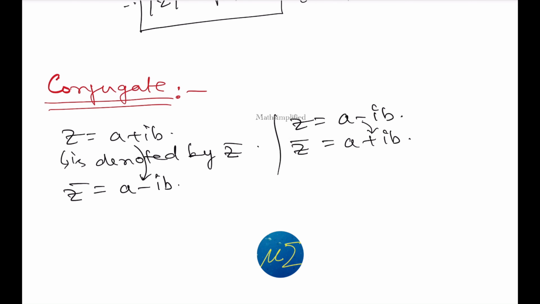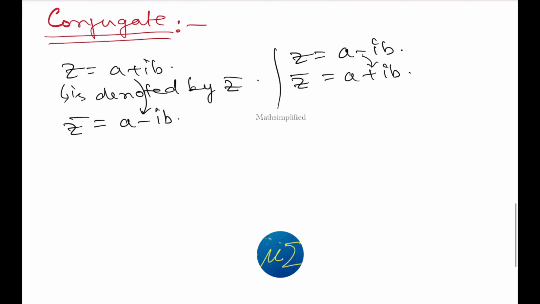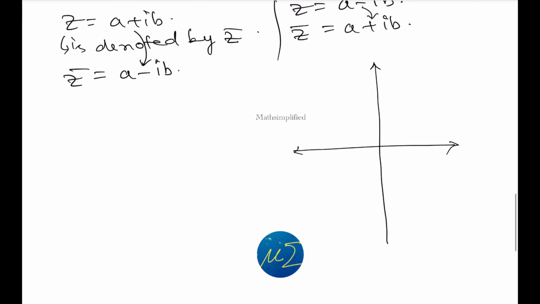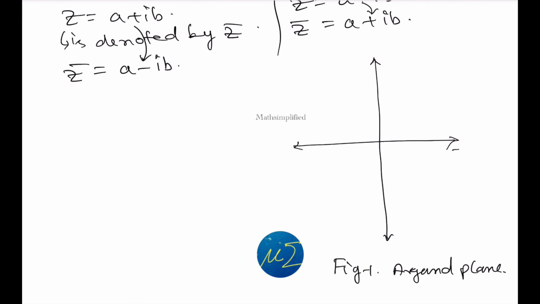That's clear. Now I am showing you the graphical representation of the complex number and its conjugate. How do they look? Let's see. This is the Argand plane. Here this is the real axis x and this is the imaginary axis y.